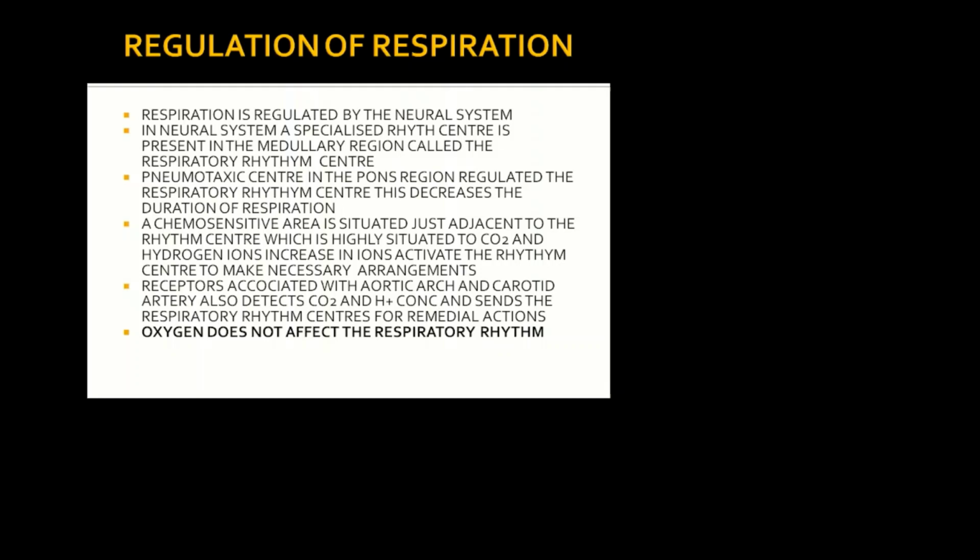The pneumotaxic center increases the number of breaths you take, so the duration of respiration is decreased. So while you run, the pneumotaxic center in the pons asks the respiratory rhythm center to decrease the duration of respiration. If the respiration duration is decreased, the oxygen intake will increase.